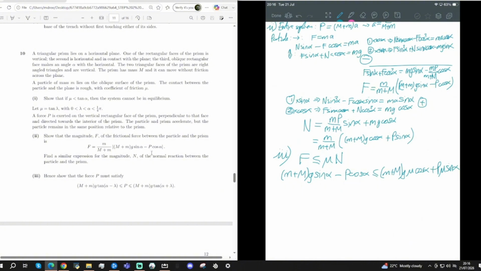Now this looks like it might be giving an upper bound. Depends how I rearrange all this, but I kind of want to throw that across to keep things positive. So I'm going to do that. So then this side can be (m plus M) g, it was a sin alpha, I'm subtracting a mu cos alpha, and that's going to be less than or equal to P times (cos alpha plus mu sin alpha).